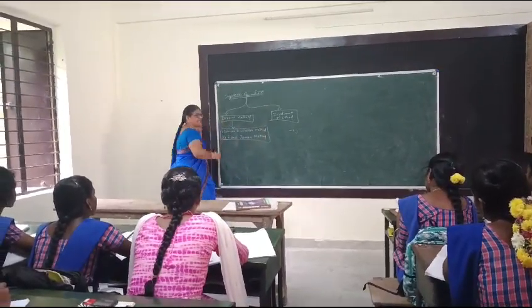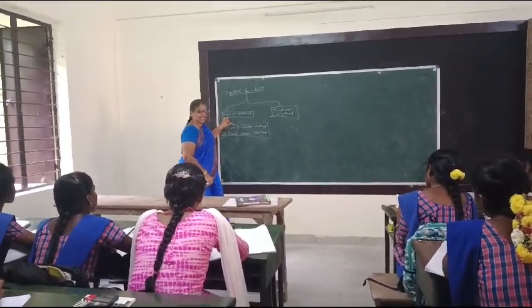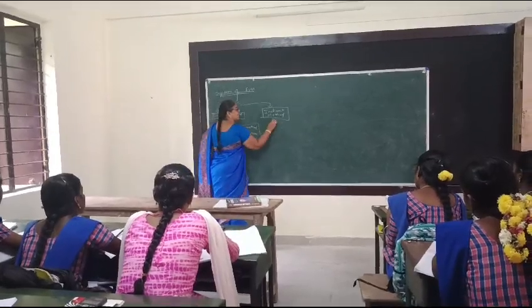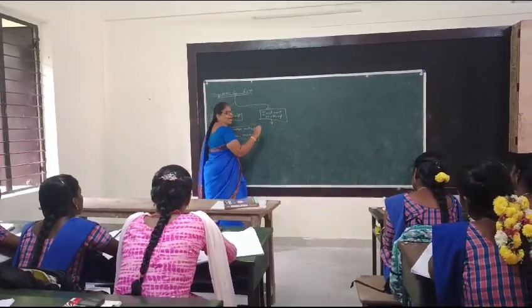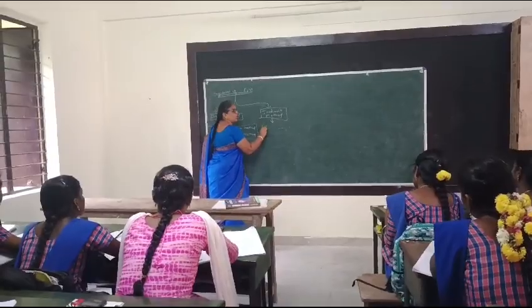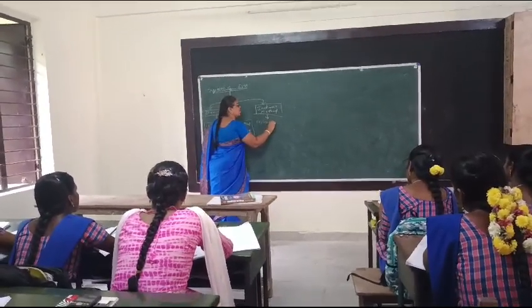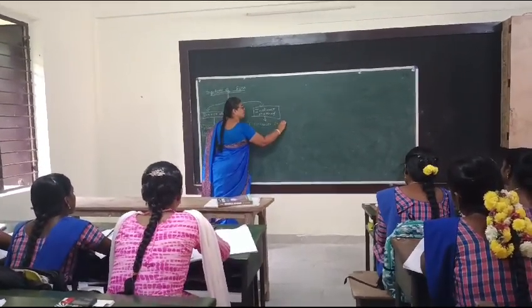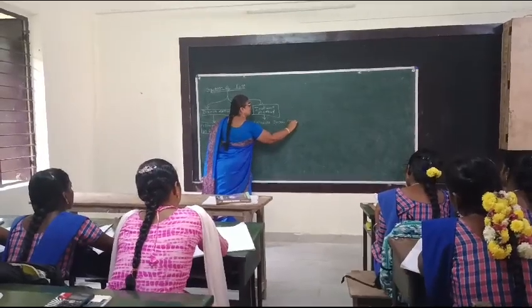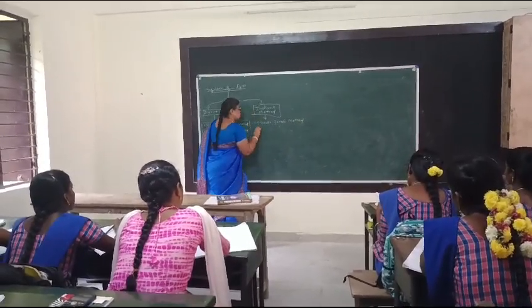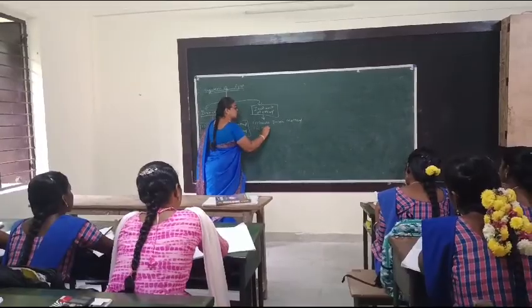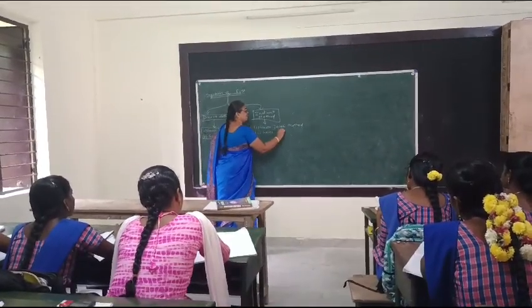There are 2 methods under the direct method. And similarly, in the indirect method also we have 2 methods. The first one is called Gauss-Jacobi method. Then the second method is called Gauss-Seidel method.